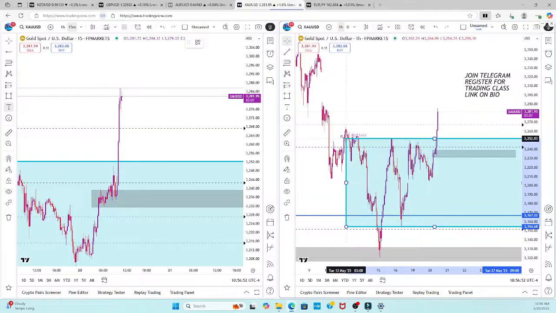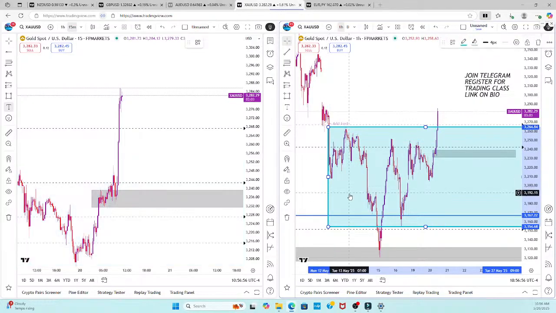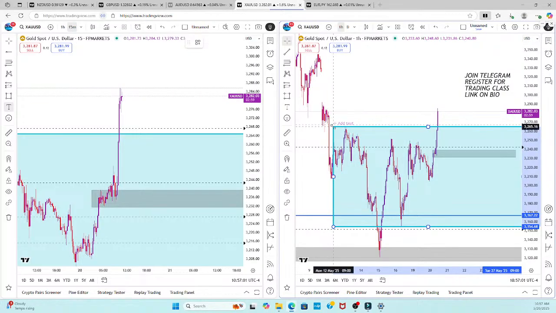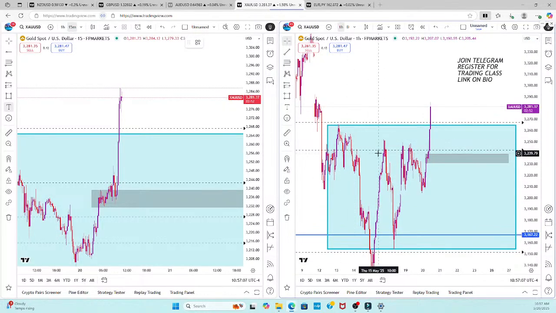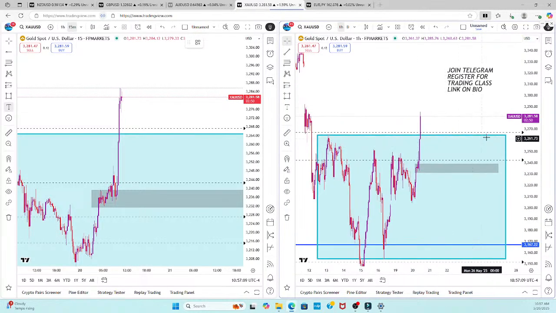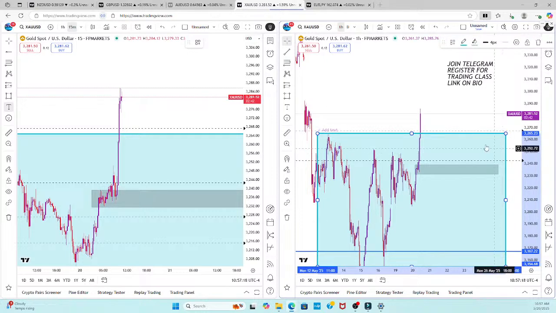Let me actually mark this. Okay, so three areas that you can look for opportunities to go long on gold. Number one, you have 32.66.